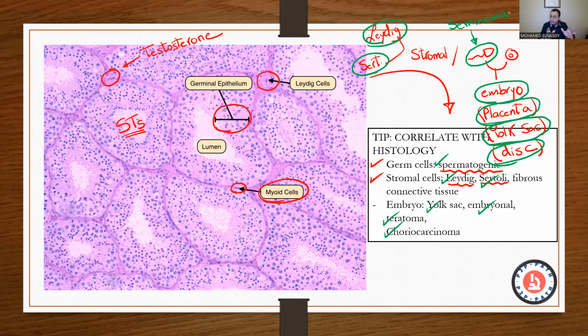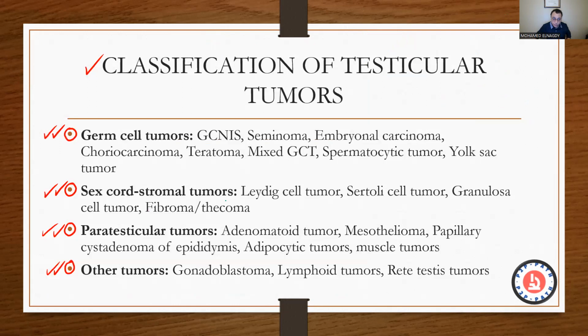So a good way to remember most of the entities which are present right here, like the germ cell tumors, you have seminoma, embryonal carcinoma, choriocarcinoma, teratoma, spermatocytic tumor, yolk sac tumor. All of these are related to the formation of the embryo.